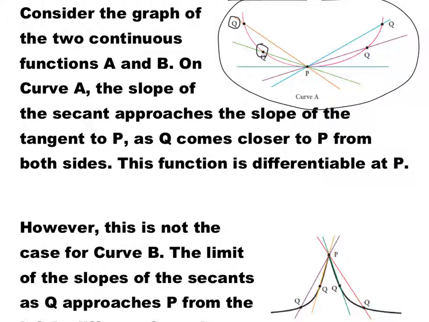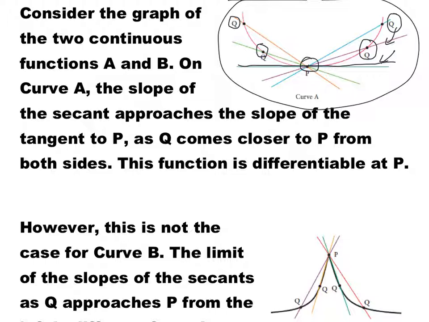We continue decrementing h until we get to this line, which is tangent at point P. If we use this point Q and then we decrement our h value, we get to this point, and we continue decrementing, we are going to get to the same line which was horizontal, which is this line. So this tells us that the function is differentiable at point P.